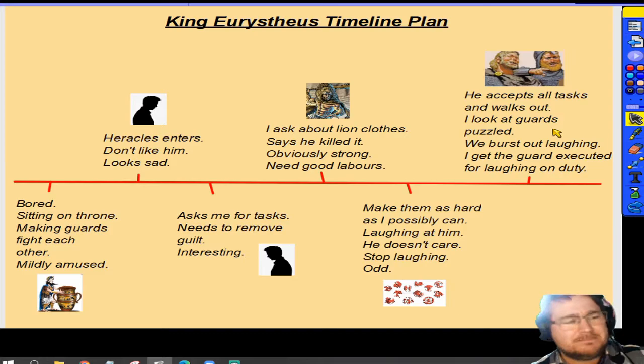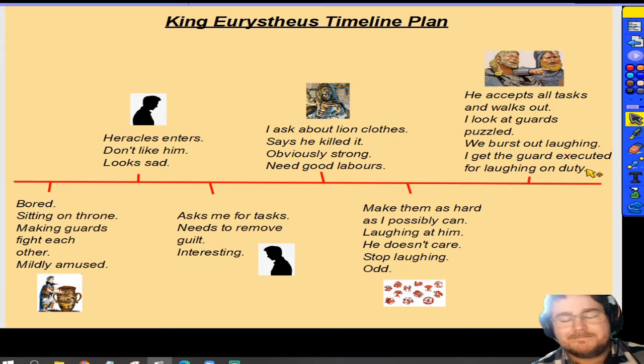And I look at the guards, puzzled, and we're looking at each other. We can't believe it. We burst out laughing because I think he's going to die. He won't be back. He'll fall at the first hurdle. That's going to be hilarious. And then I noticed that I was laughing and the guard was laughing.